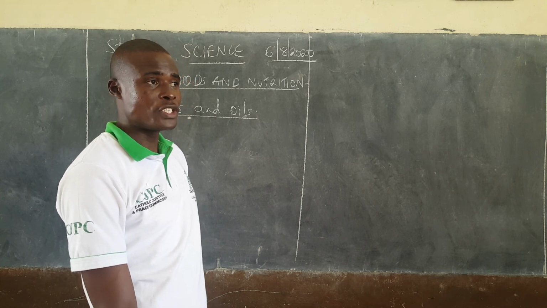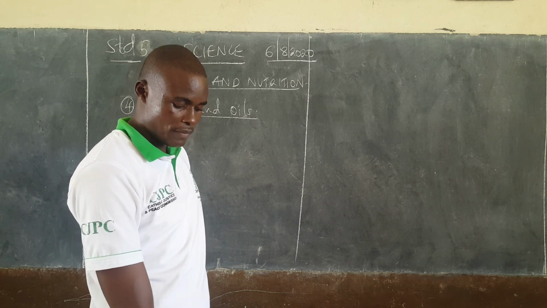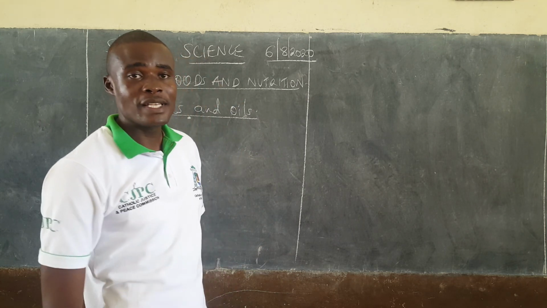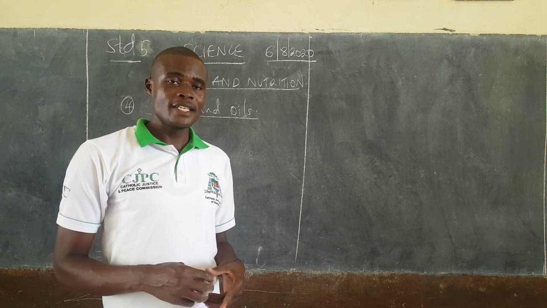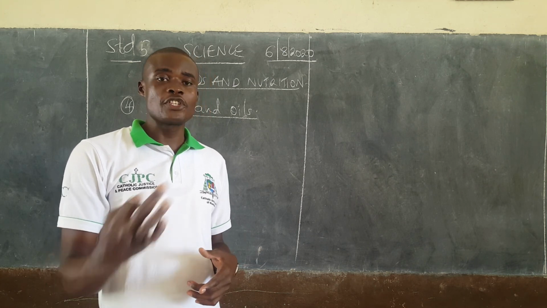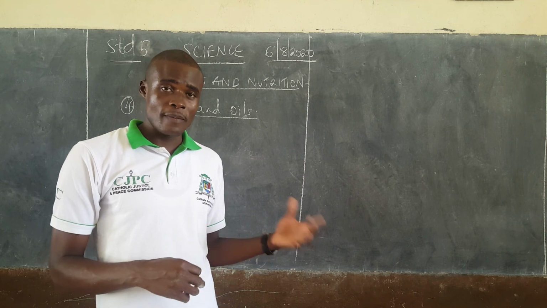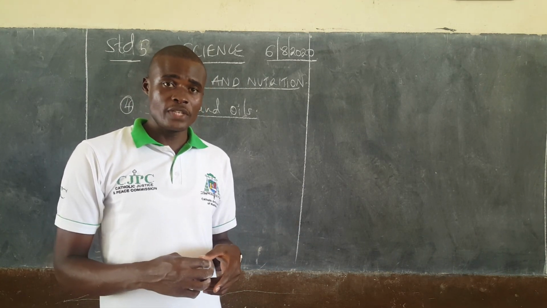So we mentioned proteins, carbohydrates, and vitamins. Under vitamins, Lana, we mentioned vitamin A, B, C, D, E, and K. And we went ahead to mention the source of every vitamin. As we mentioned very clearly, I wrote them down. And then lastly, we mentioned the uses of every vitamin.